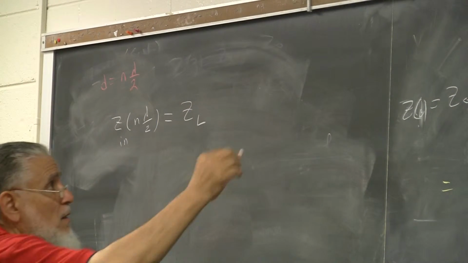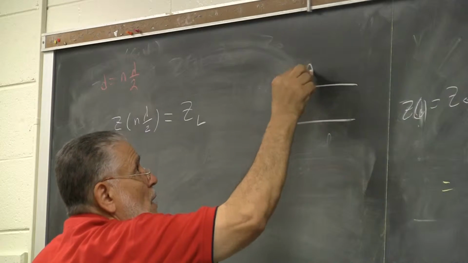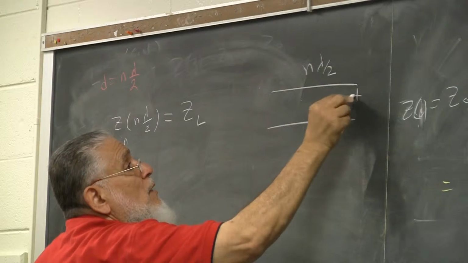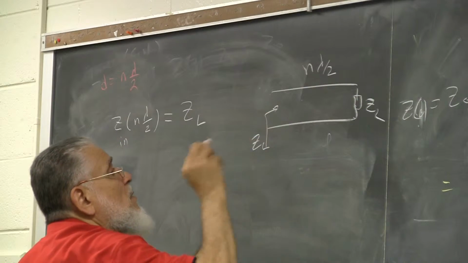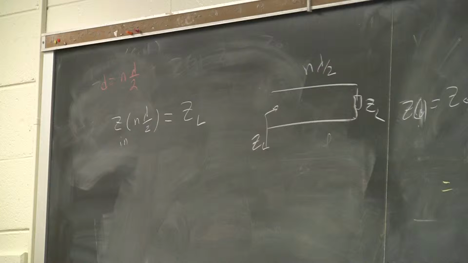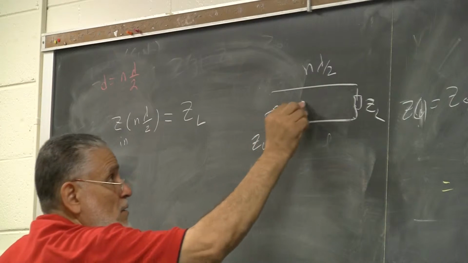So if you have a line n lambda over 2, and you have a ZL, what you see here is ZL. The line characteristic impedance is Z naught.